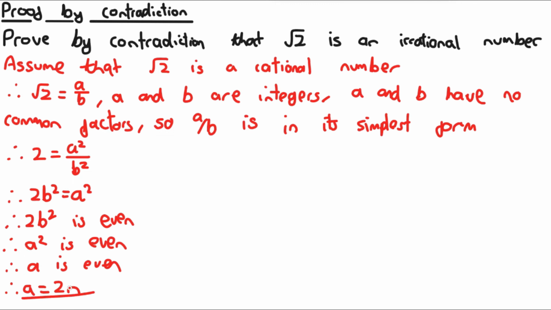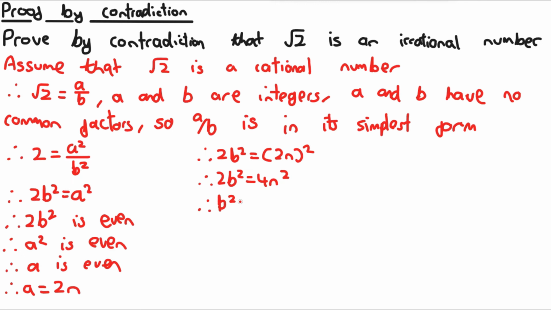A can be expressed as 2n as a is even. So what we're going to do is rewrite this using this. So 2b squared is equal to a squared, and a is equal to 2n, so it's equal to 2n squared. We can simplify this to 2b squared is equal to 4n squared, and we can divide both sides by 2 to say that b squared is equal to 2n squared.